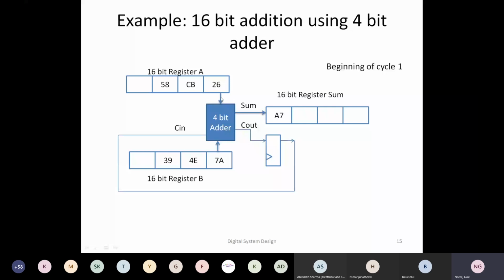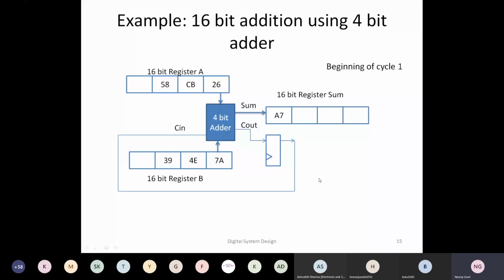The content has been shifted, and we see now 26 here and 7A here. Whatever the carry is, that carry also needs to be stored and given back as a C in. That would also happen whenever this new clock comes. So my C out is also stored in a one-bit flop.